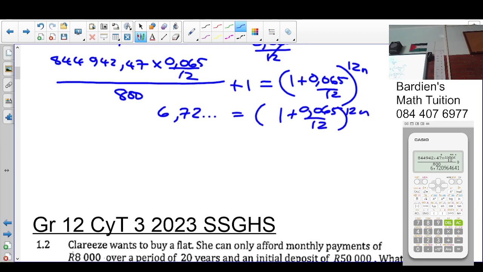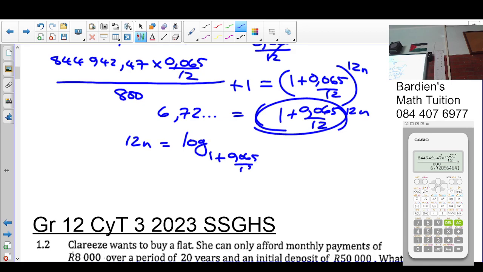So as you know, to make 12n the subject of the formula, I'm going to use logs. So that will be log. This will remain the base. So it's 1 plus 0,065 over 12. That's in your base. And here we got 6,72, and the number carries on.